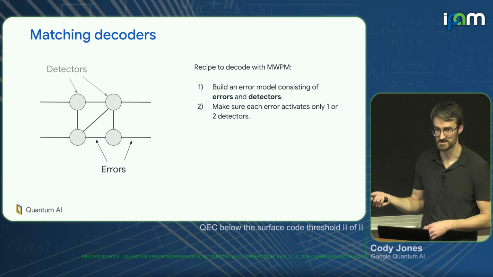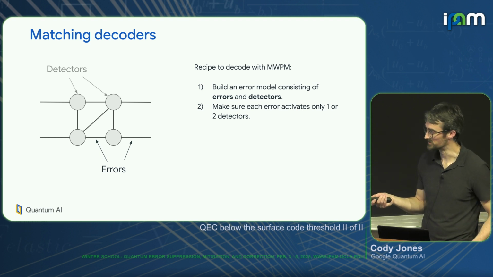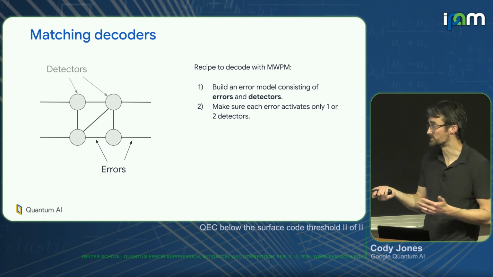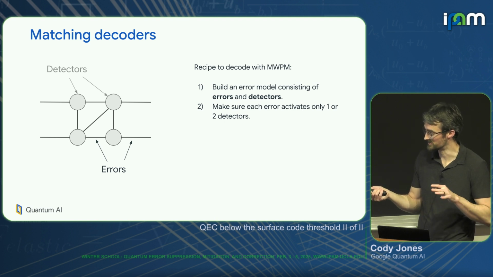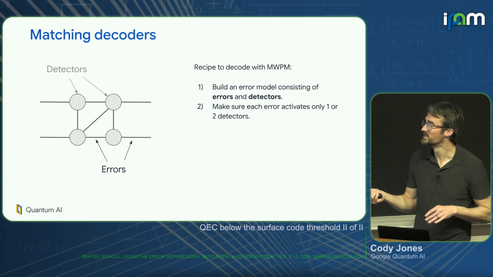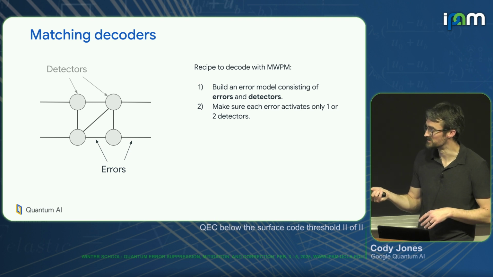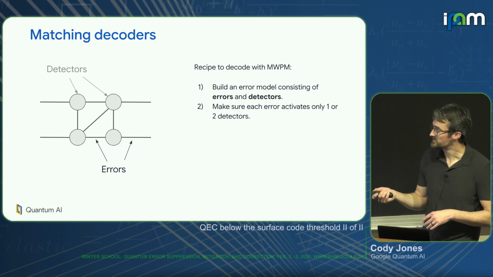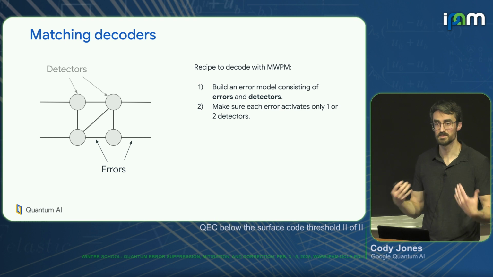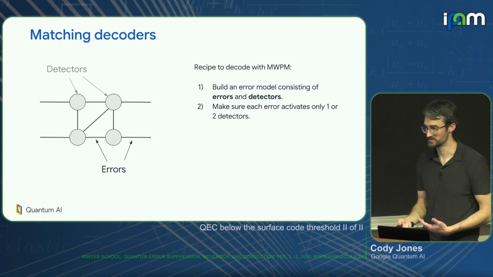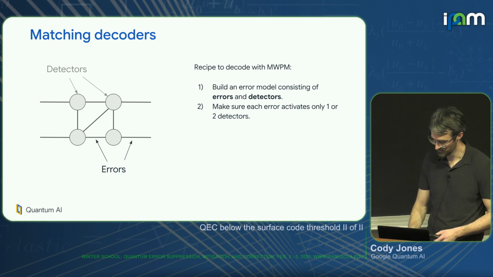And like I said, this happens at the boundaries of the code. But it's always a graph. I'm changing notation a little bit to say an edge has one node, but whatever, just call it a half edge if you want to. It's a graph, and every error activates one or two detectors, and that's a property of the surface code. It's a really nice property.